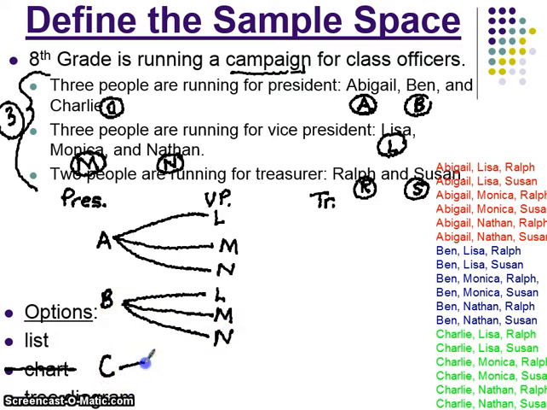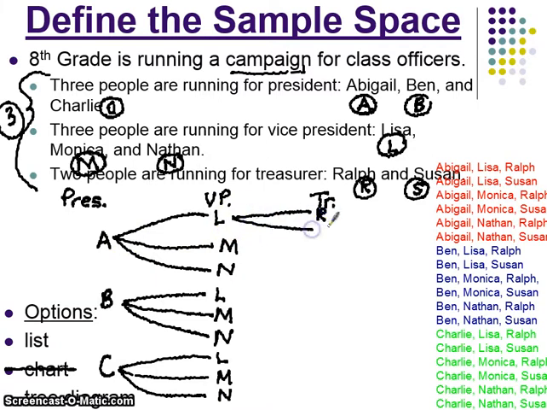Still yet, if I pick Charlie, I could pick Lisa, Monica, or Nathan. If I pick Abigail and I pick Lisa, I could still pick Ralph or Susan. Same thing for every other choice. I have Ralph or Susan despite who I choose for president and vice president.